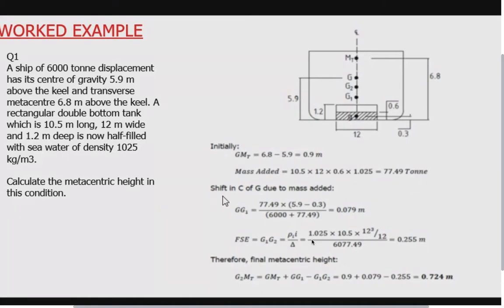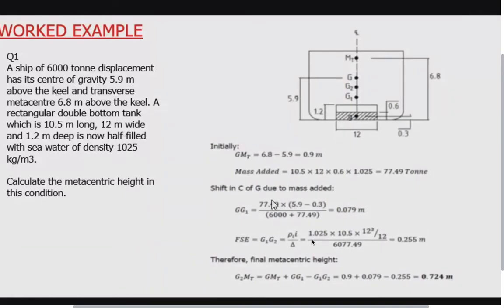Now let's come here: shift in center of gravity due to mass added, because the tank was filled halfway. So it means that a mass has been added, and we also talked about this.